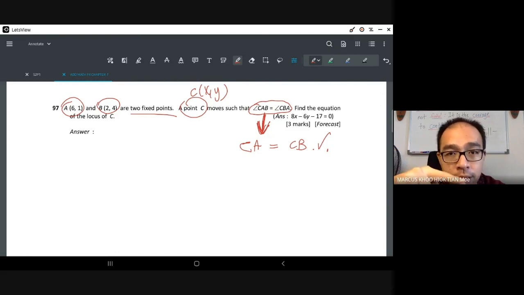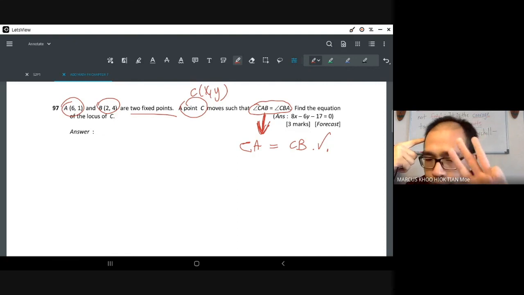Third situation is two fixed points, one moving point, but the distance is the same. The distance bukan ratio, the distance tidak kena set. Itu adalah perpendicular bisector.